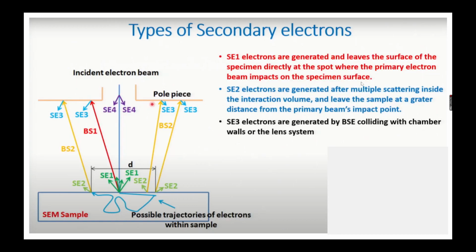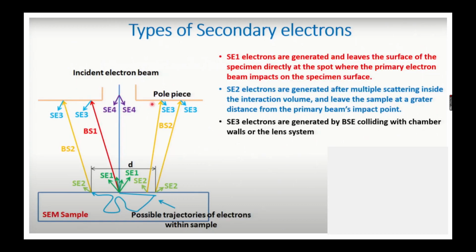SE1 is generated directly where your primary electron beam impacts. Keep remembering the in-lens detector is mounted in such a way that it is above, from where your primary electron beam is coming. But SE2 electrons are generated after multiple scattering.